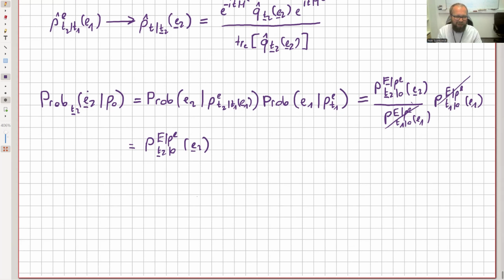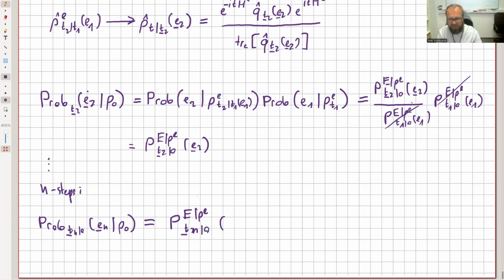So you can imagine that if you want to do n steps, the probability of measuring this whole sequence given the initial state, we will find that it's equal to the diagonal part of the by probability associated with the observable that we are measuring.